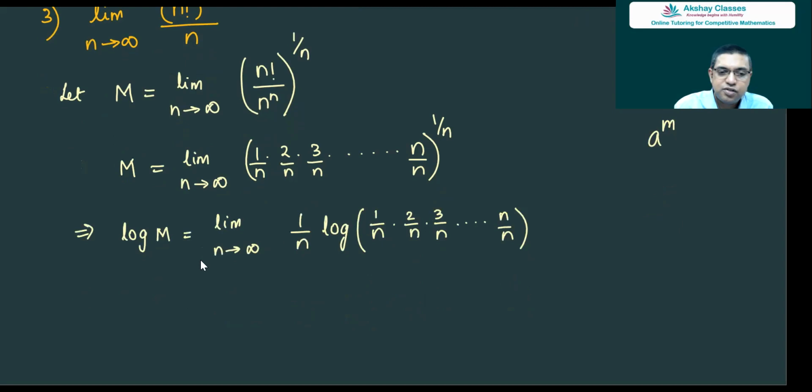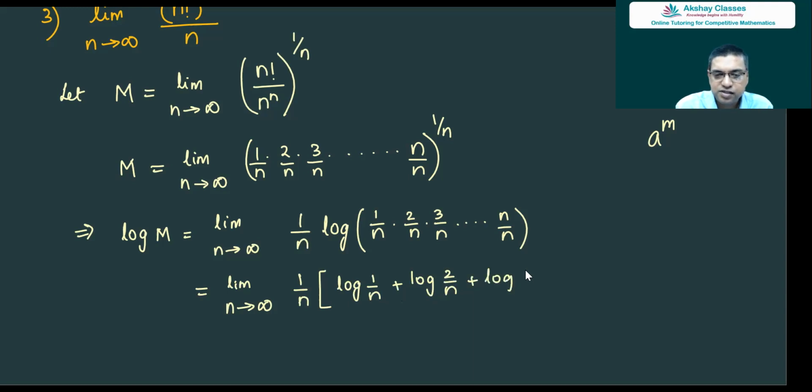So this is the limit as n tends to infinity of 1 upon n times log 1 upon n plus log 2 upon n plus log 3 upon n up to log n upon n.